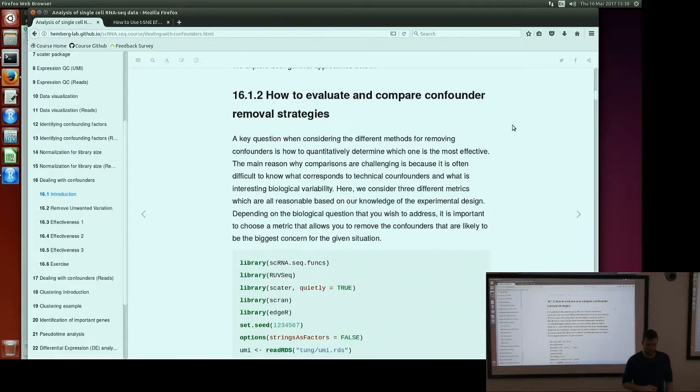And so we'll consider 3 different metrics, which are all, we think, reasonable based on our knowledge of this experimental design. But depending on the biological question that you wish to address, these approaches may need, or likely will need, variation if you're taking your own data set with its own particular characteristics and trying to decide what is an appropriate metric for whether a particular method is doing what you hope it will.